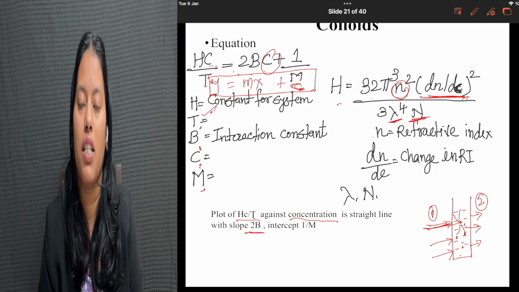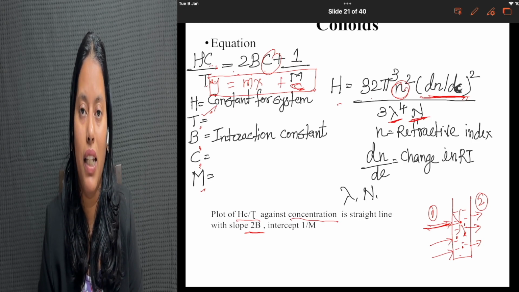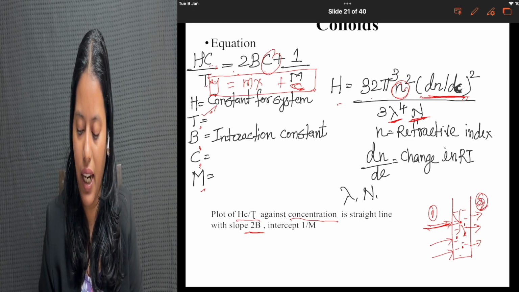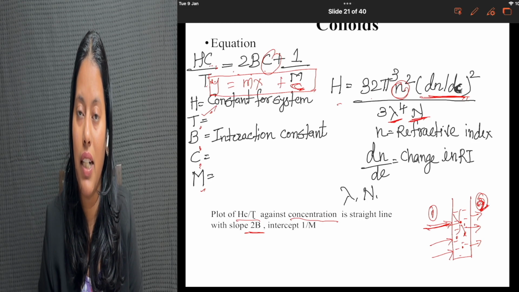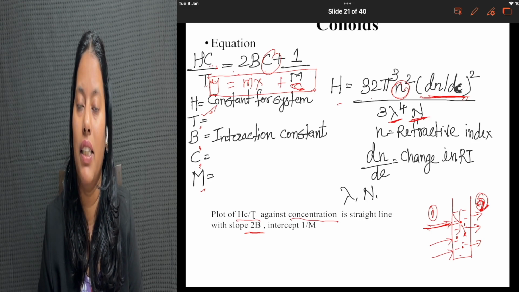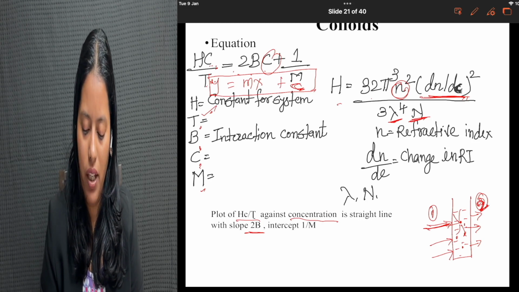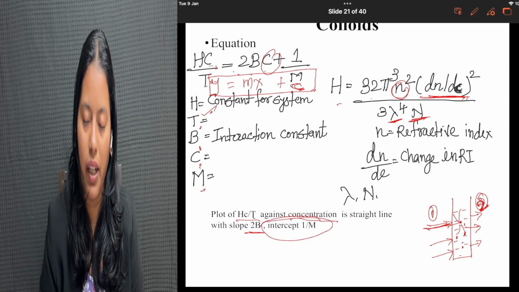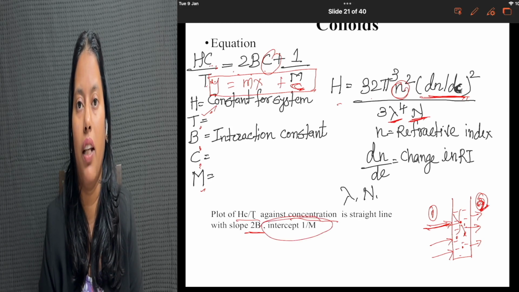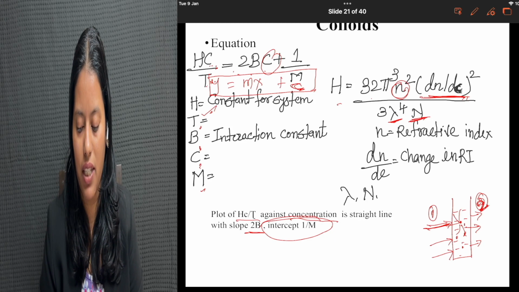If you have more scattering, that means less intensity of light at the second end, and it indicates that the particle size is big. And from the intercept 1/M, when you take the inverse, you can calculate the molecular weight of the system.